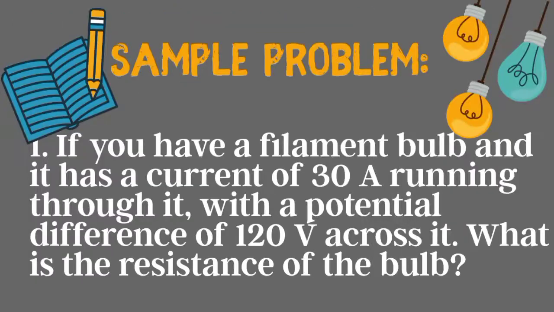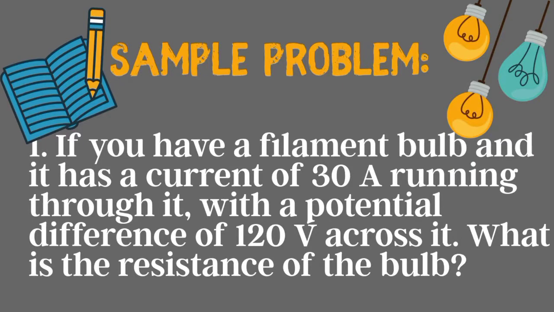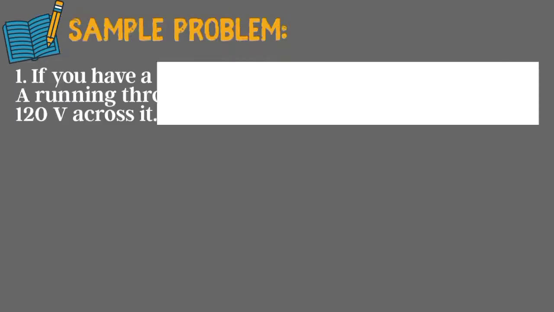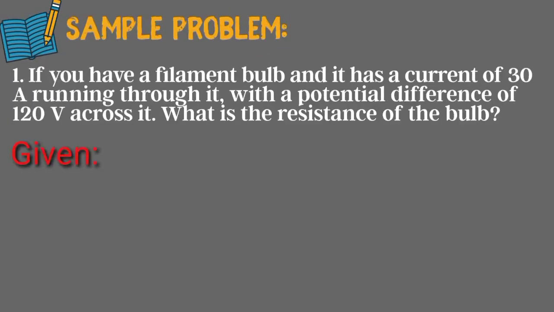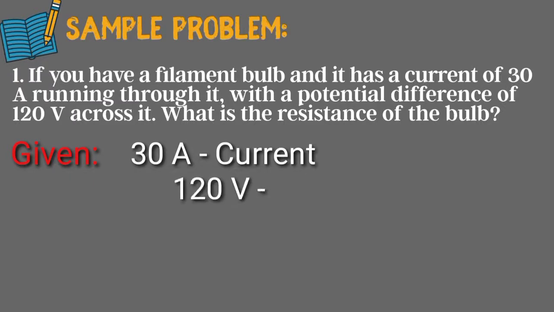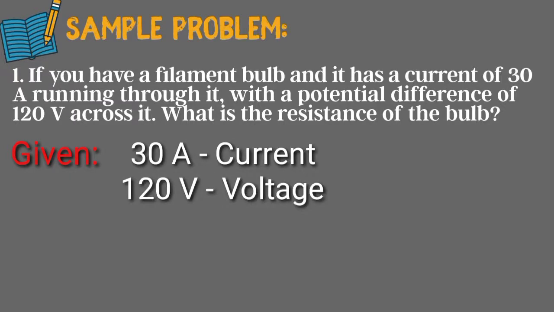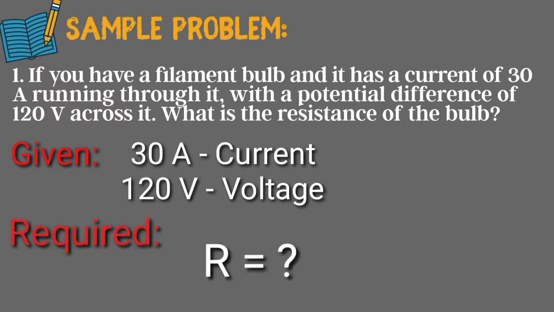Let's have a sample problem. If you have a filament bulb and it has a current of 30 amps running through it with a potential difference of 120 volts across it, what is the resistance of the bulb? Our given: 30 amperes is the current and 120 volts is the voltage. We are required to find the resistance of the bulb.